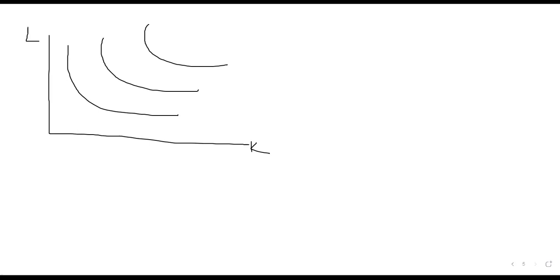So these isoquants, just like we have the principle in indifference curves, isoquant 1 is lower than isoquant 2, which is lower than isoquant 3.